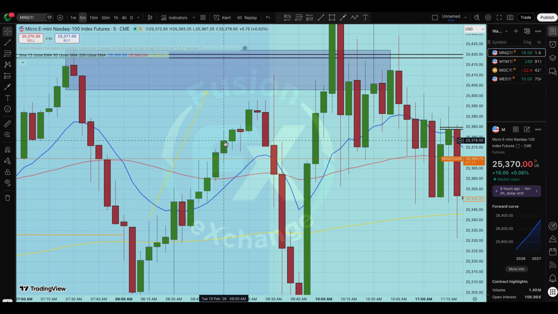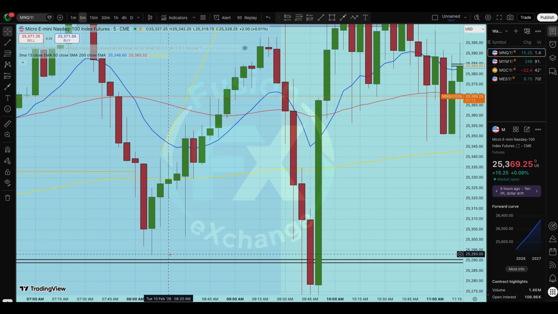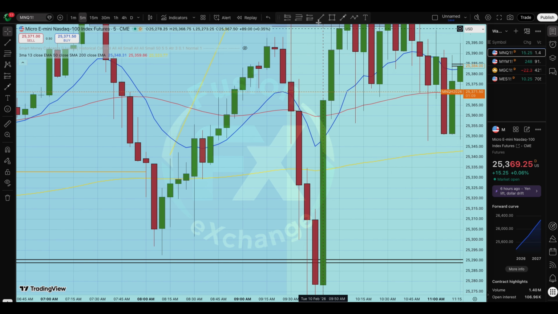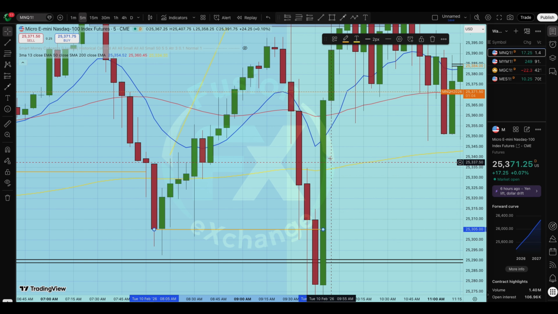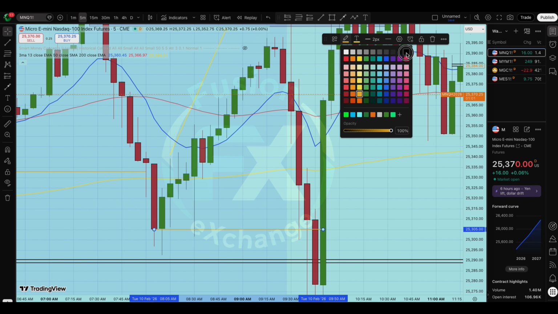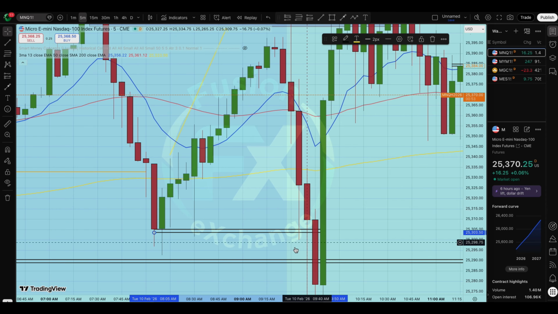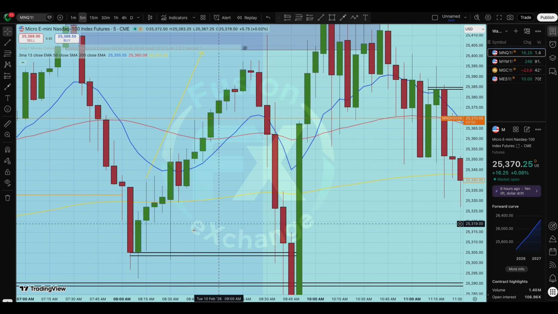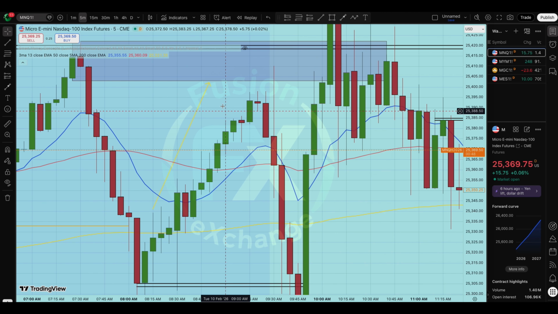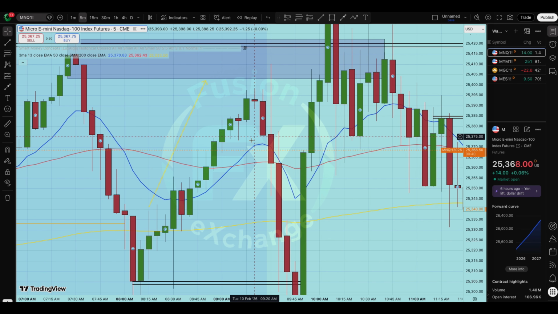Then we come down here and find resistance, as you can see. We have plenty of resistance. At the time, we have resistance right here. Then we start to push up, and what we hope for is price coming up into the zone and rejecting, so we can get an entry.